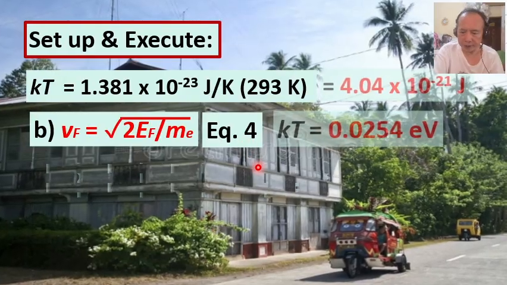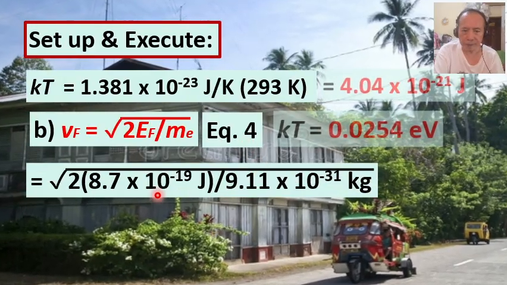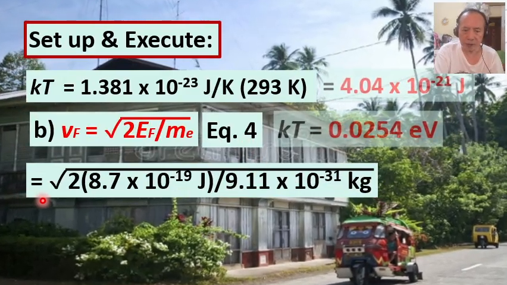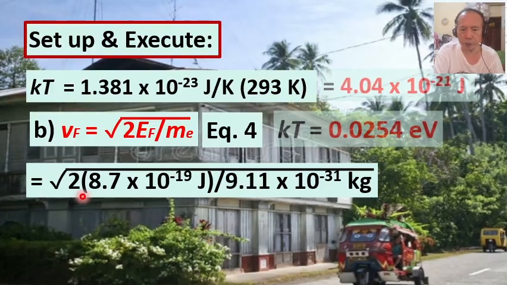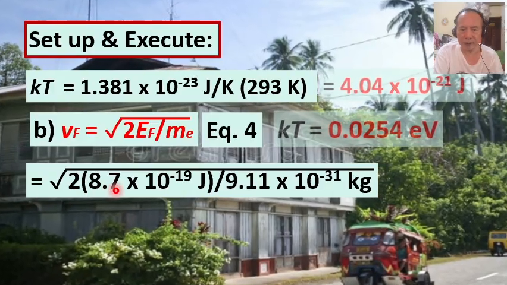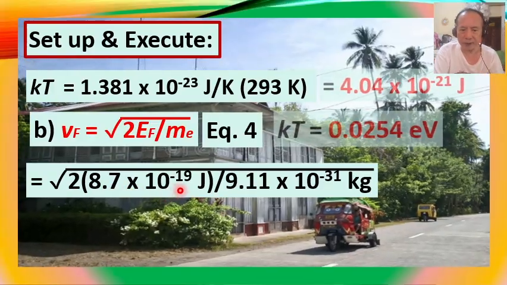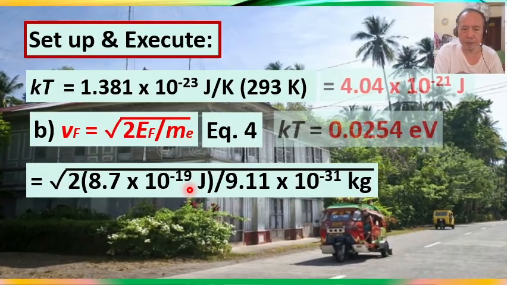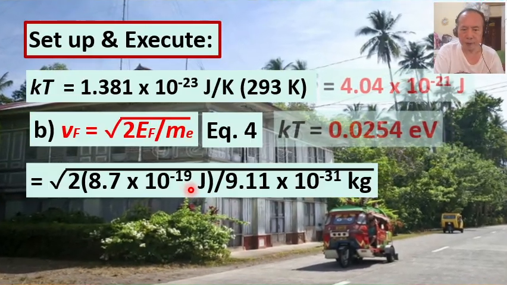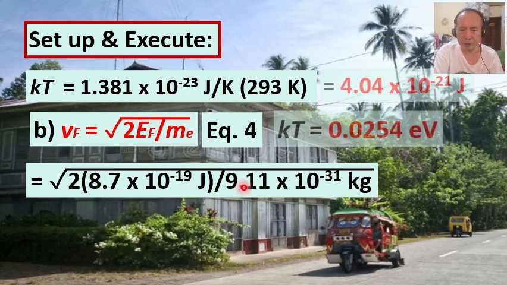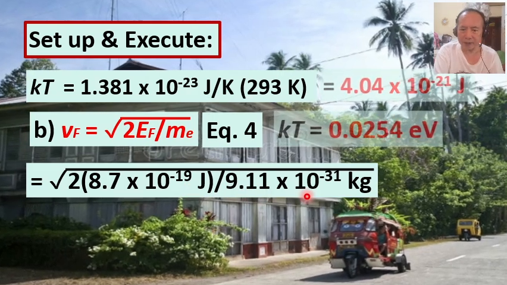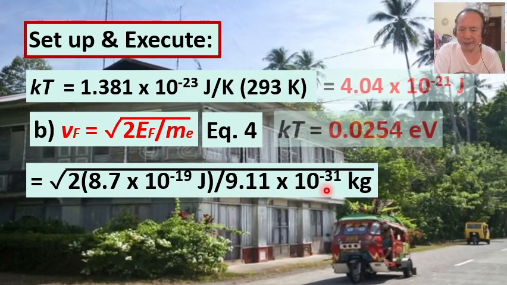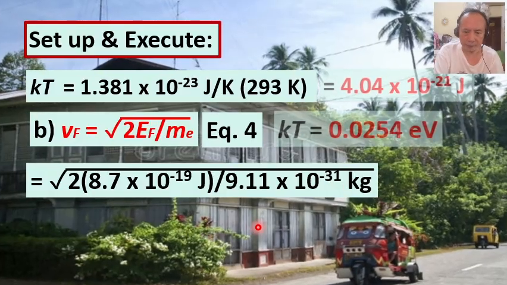That is, the speed v sub F equals the square root of 2 times 8.7 times 10 raised to the negative 19 joules, and then divided by the mass of the electron, 9.11 times 10 raised to the negative 31 kilogram.